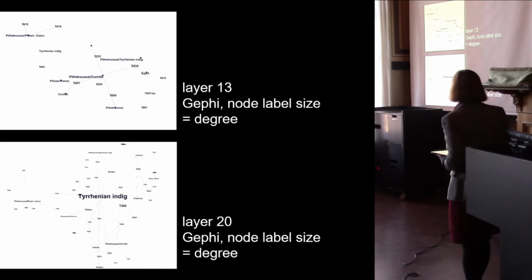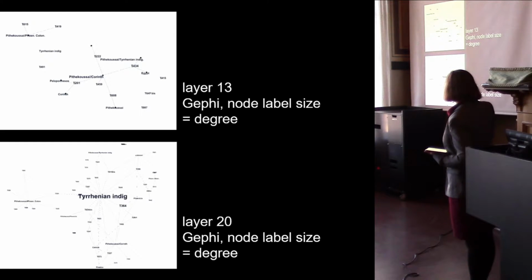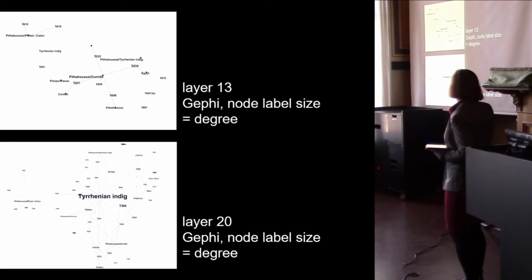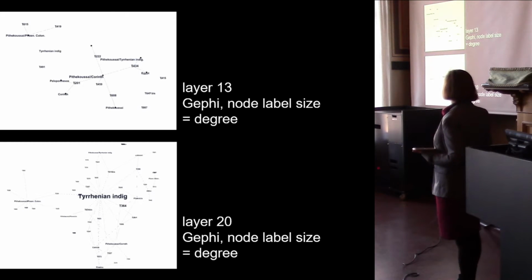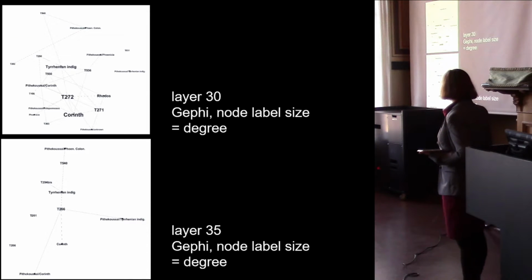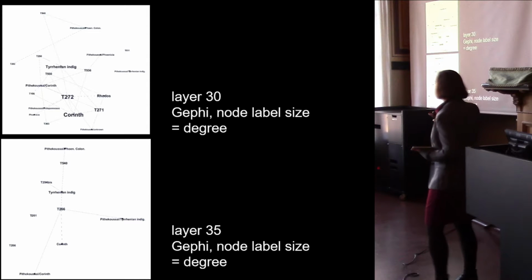Not all layers have an equal amount of tombs. And in these images, I've also adjusted label size based on the degree. You see in layer 13, for example, it's not really very pronounced which is the most important affiliation. But in layer 20, you see already in terms of degree what the most important affiliation is. I'm not showing all of the images, but you have to believe me that it stays the same.